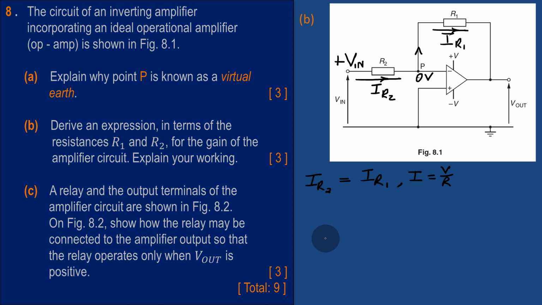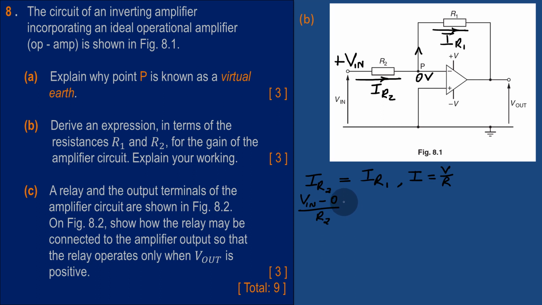So here we are going to get V in minus 0 divided by R2. V in minus 0 gives us the potential drop across resistor 2. And when we divide that potential drop by R2 itself, we are getting the current through it.